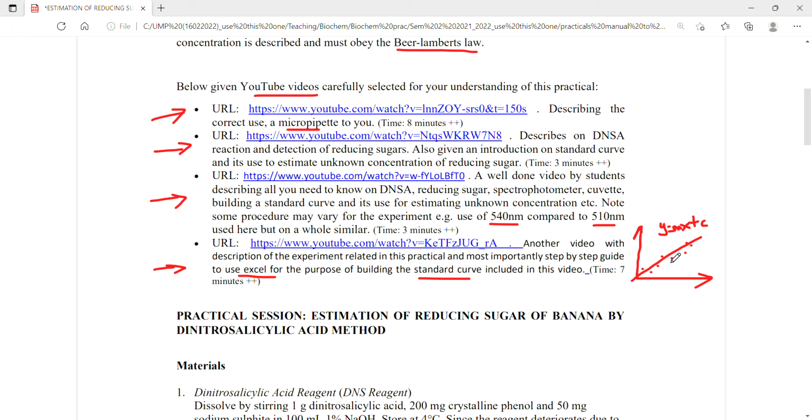If there is no c, because it's going through the origin, then it'll be y equals mx. Therefore there is no need for c, and you just need to find out x. So no need to use graph paper. Please go through this video to understand better how to build the Excel graph.